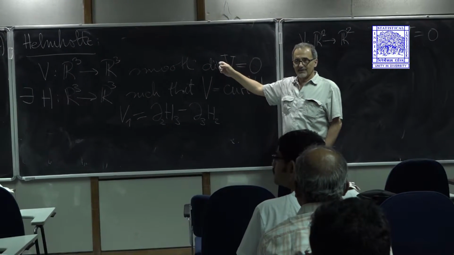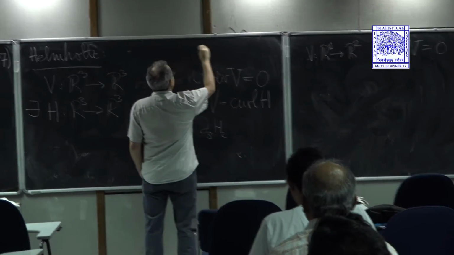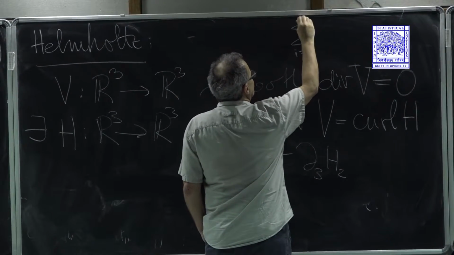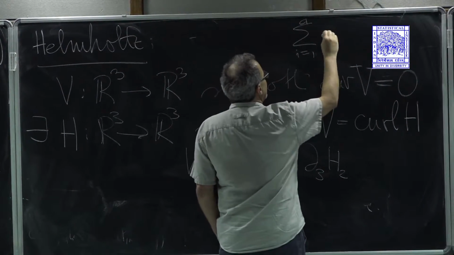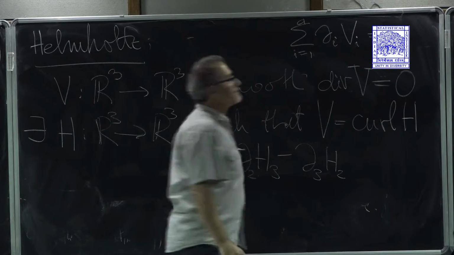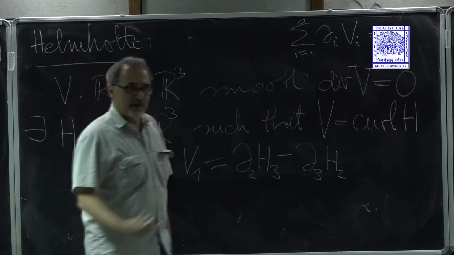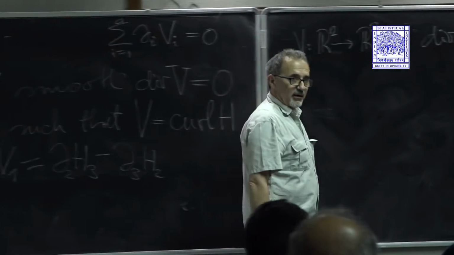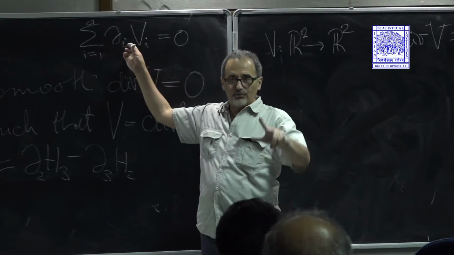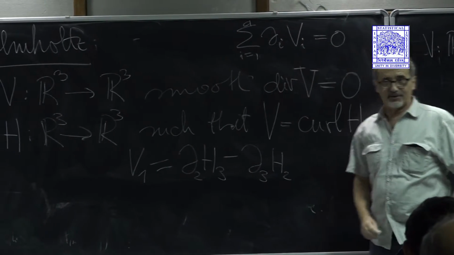Divergence means the sum, for i from 1 to D, in any dimension D, of di of Vi. That's the simplest, most direct way: the sum of the directional derivatives in the orthogonal directions. This definition relies on a frame, but there is a frame-free formulation; it just takes more time.